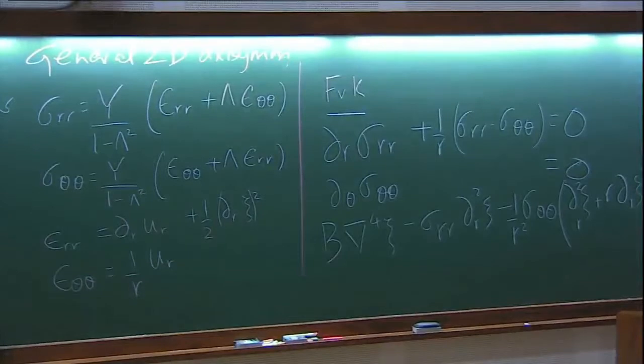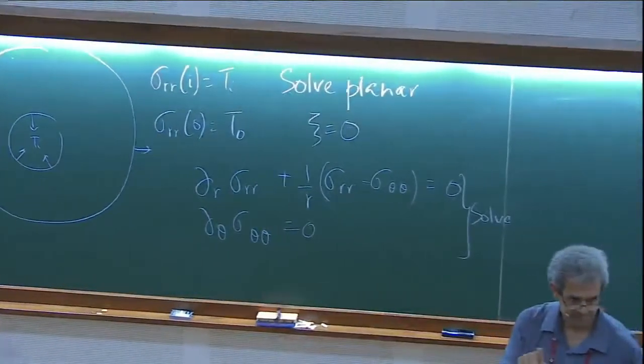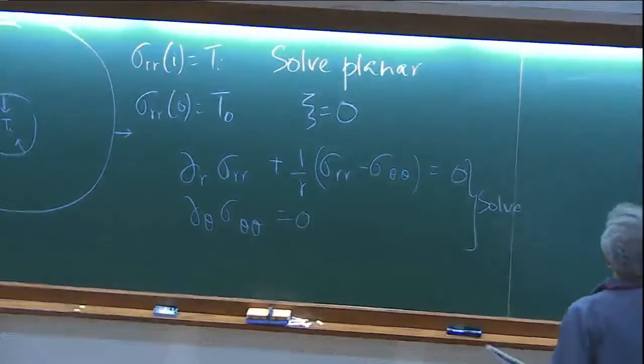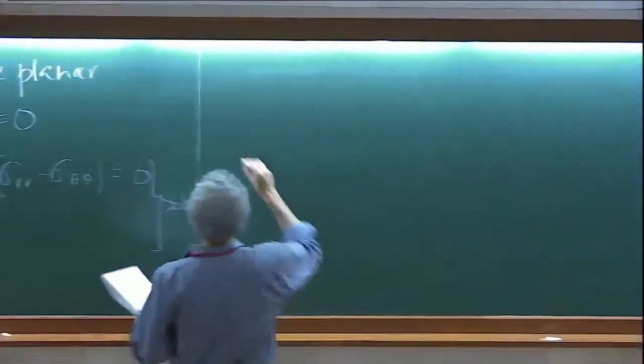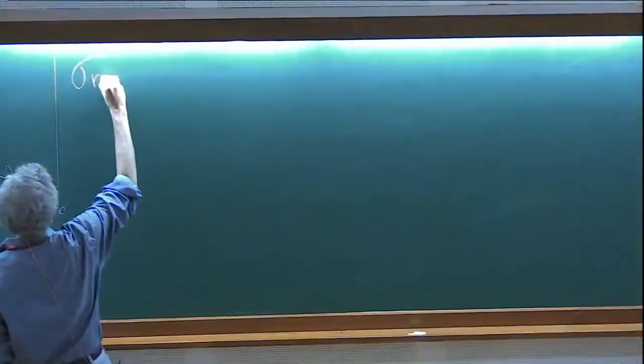Okay? I'm happily saying solve, and we can try working on it if you're stuck in the office hour for that kind of thing. Okay? So, but the solution is this.